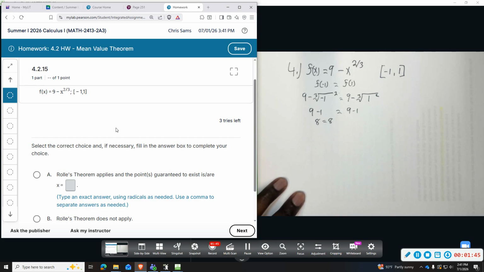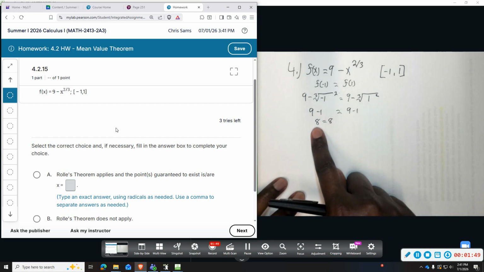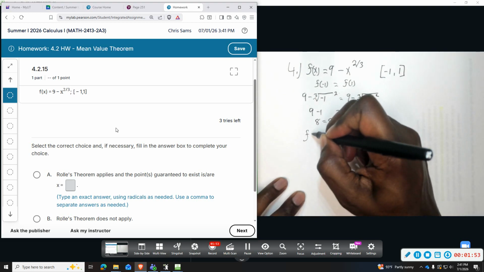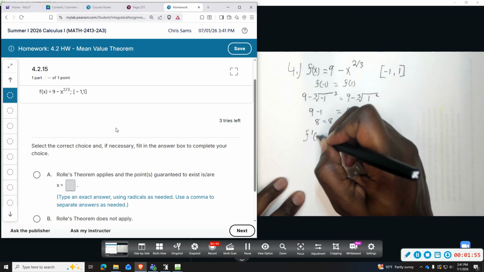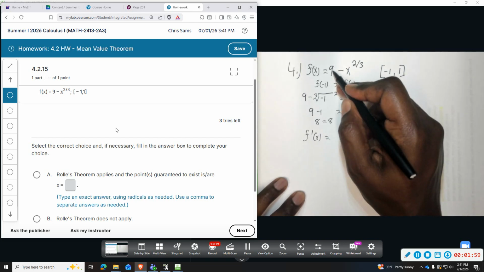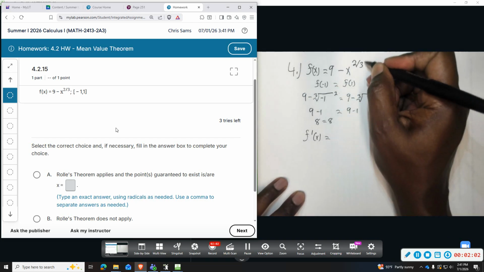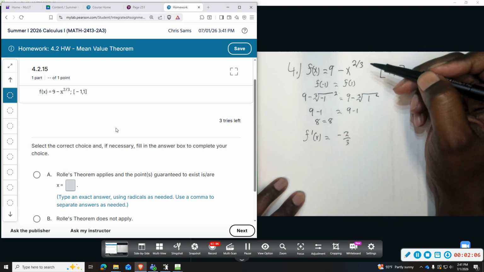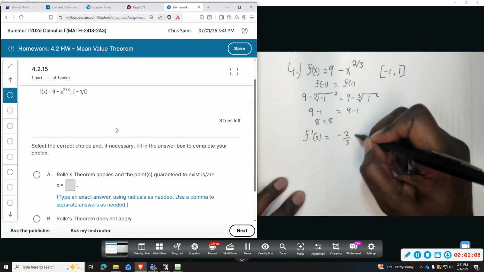And that being the case, we will have a critical value in here somewhere. So now we will find the derivative. The derivative of a constant is 0. And then we're going to multiply by 2/3, so minus 2/3, and then subtract 1.